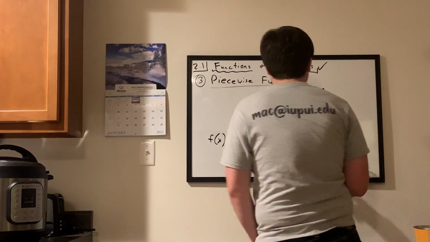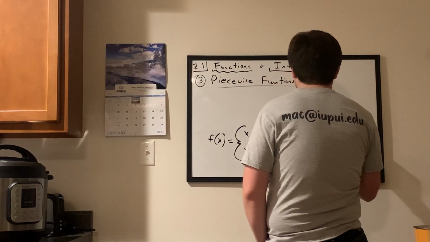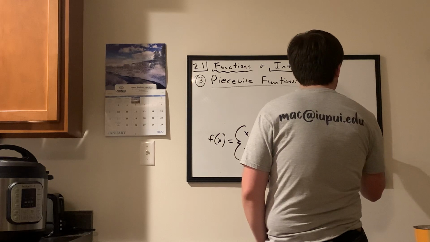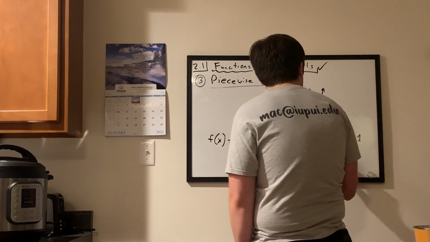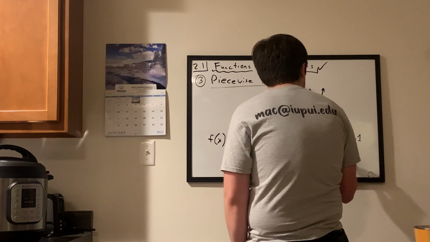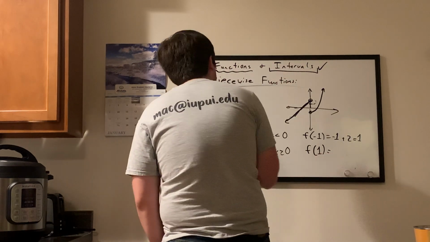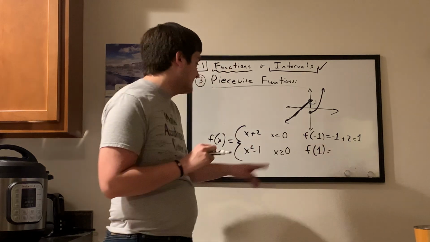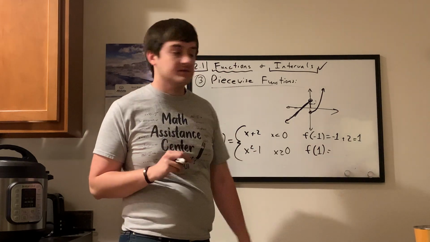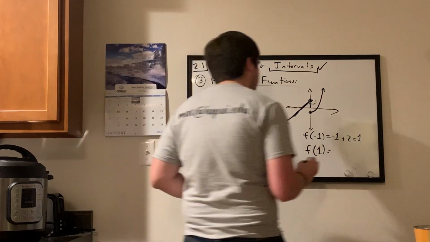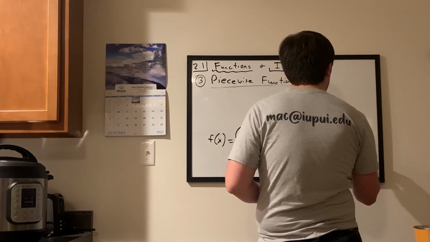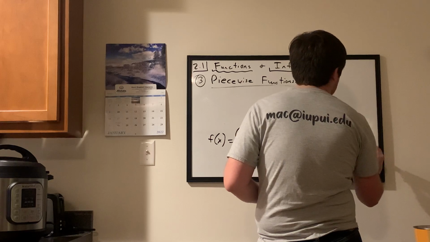That's negative 1 plus 2, which is 1. Now what about f of 1? f of 1 is in the x is greater than or equal to 0 category. So I have to plug it into x squared minus 1. I get 1 squared minus 1, which ends up being 0.